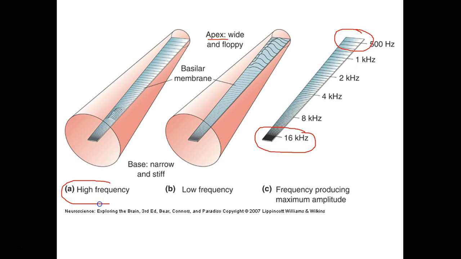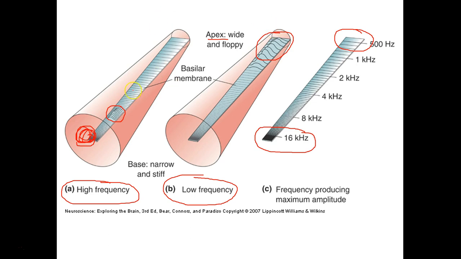So high frequency sounds, as you can see here, cause the basilar membrane to flex closer to the oval window, which is right here, whereas low frequency sounds, or low pitch, cause the basilar membrane to flex closer to the apex.